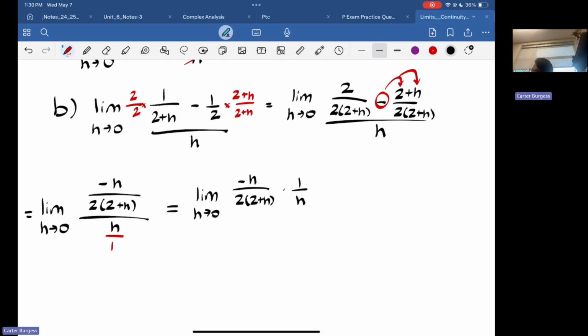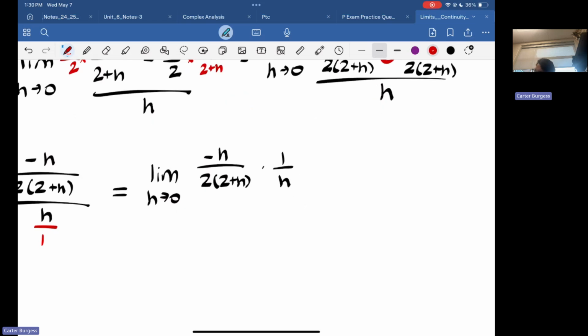And when we do this, what is going to happen? The h's cancel. We end up with the limit as h approaches 0 of negative 1 over 2 times 2 plus h.